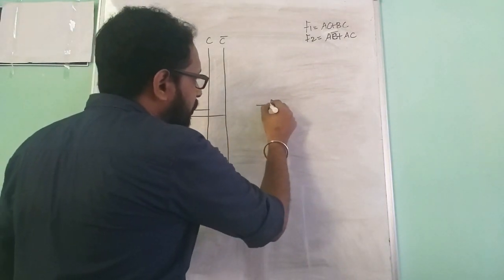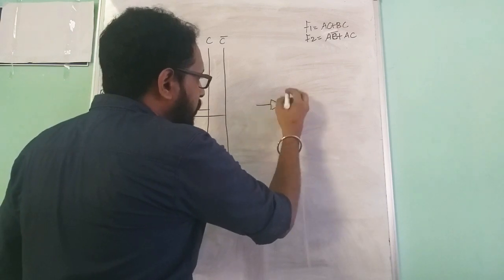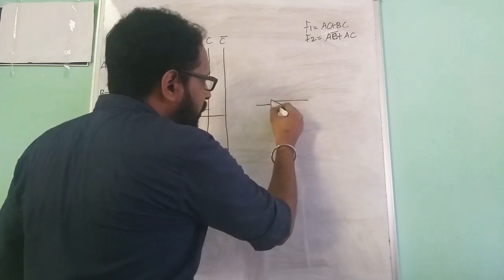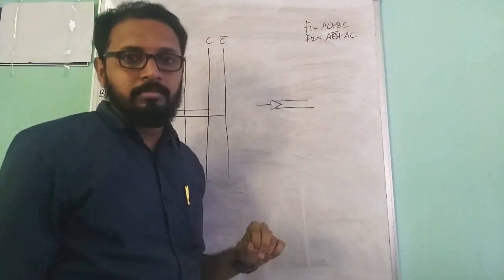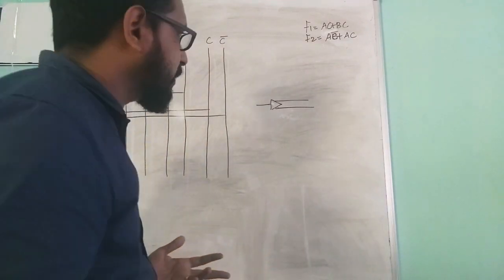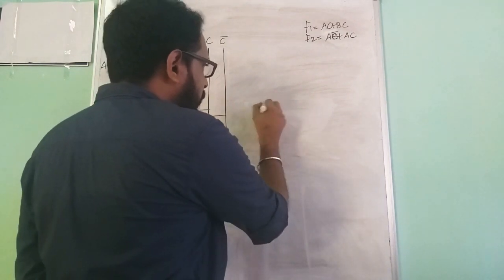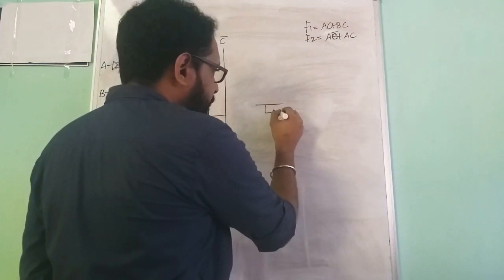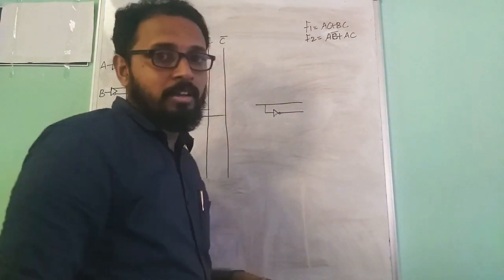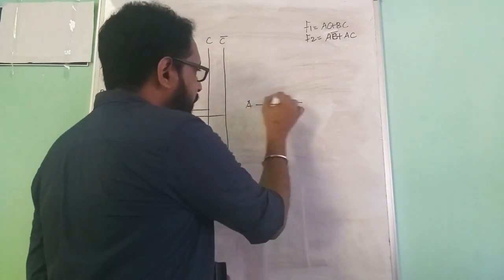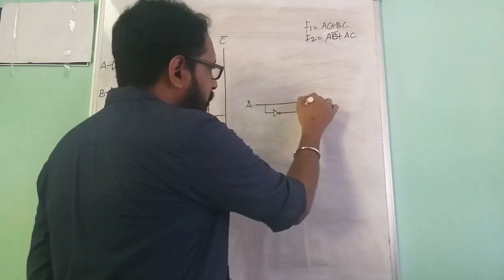One positive part and one negation part. You can go for such a figure, or if you want you can draw a figure like this as well. It's up to you. If this is A, then this is A bar.